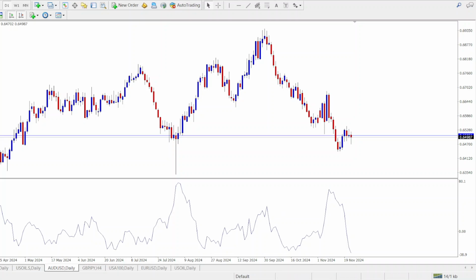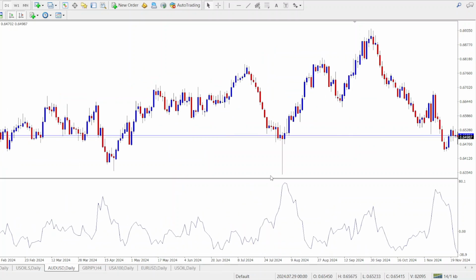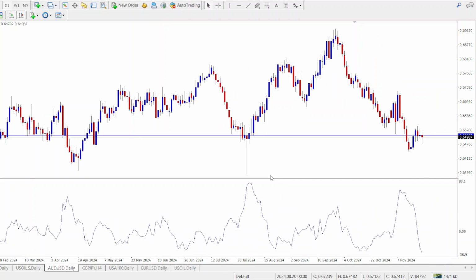Now this indicator can help you to spot good entry and exit points. Basically, how the indicator works is that it oscillates within this oscillator window or this indicator window.